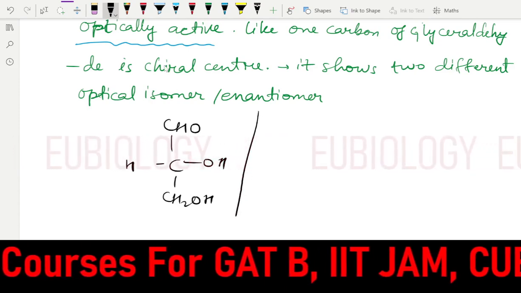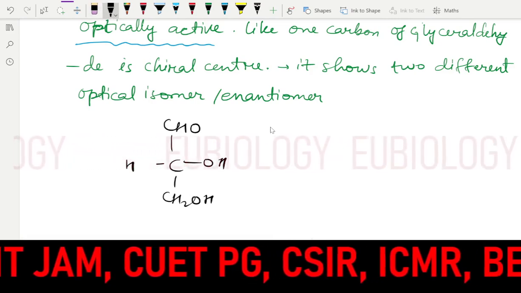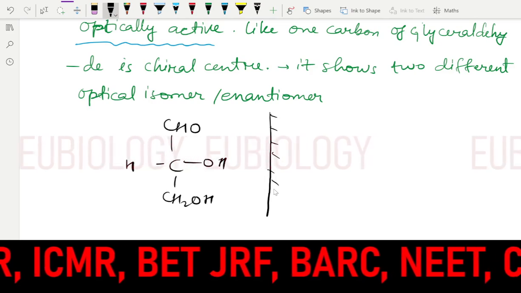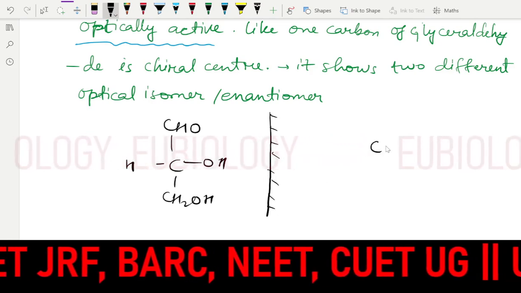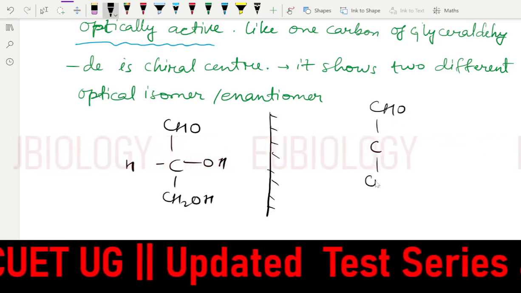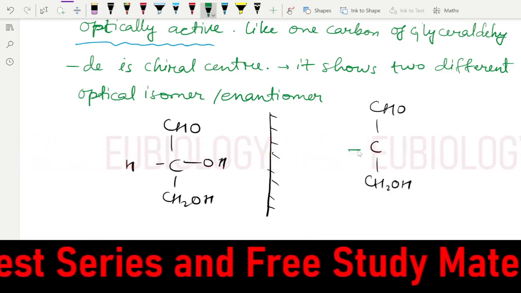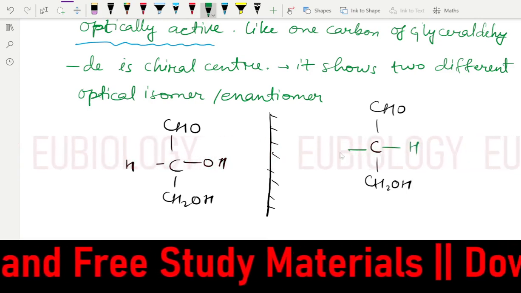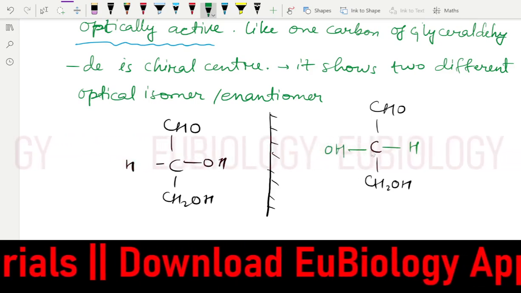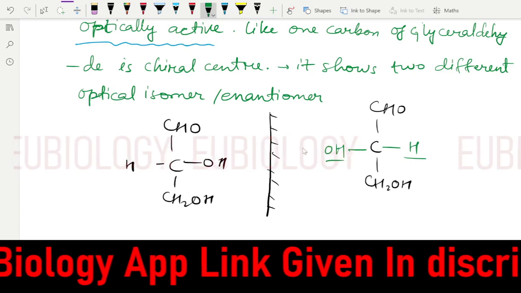Here is the mirror. What you'll find here is that everything will be the same except one position. The vertical positions will be the same, but the hydrogen will go backside and the OH will come this side. This change because of the mirror image is what is called optically active.